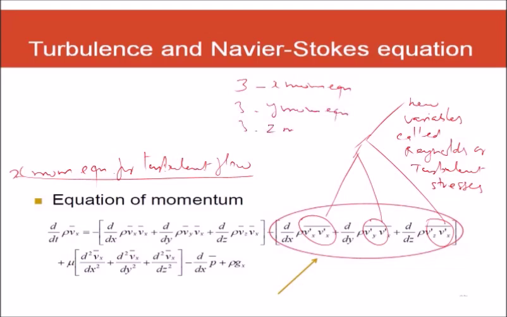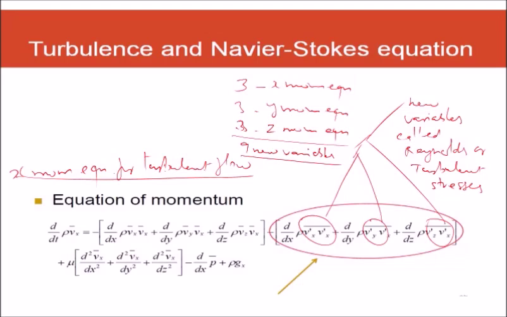The x momentum equation for turbulent flow is obtained by substituting the actual Vx velocity, which contains the time averaged and the fluctuating part, into the x momentum equation of laminar flow.